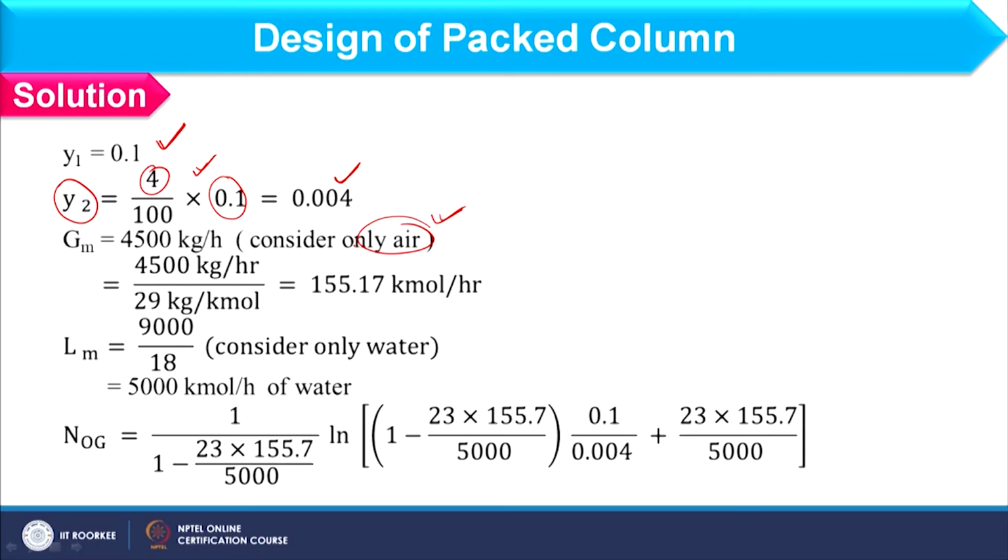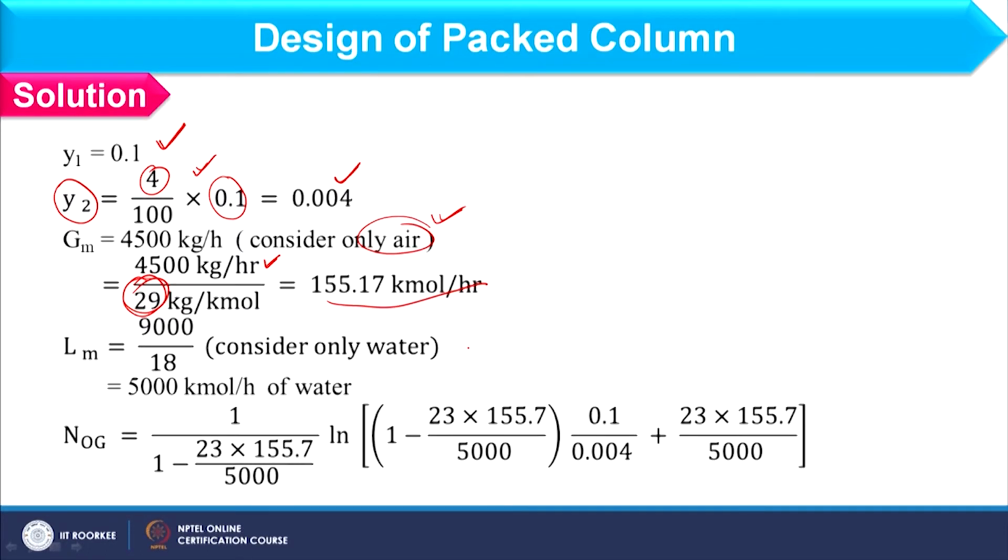So, I am considering 4500 kg per hour as the mass flow rate of the gas stream divided by 29, that is the molecular weight of air. So, the molar flow rate of gas you can find as 155.17 kilomole per hour.